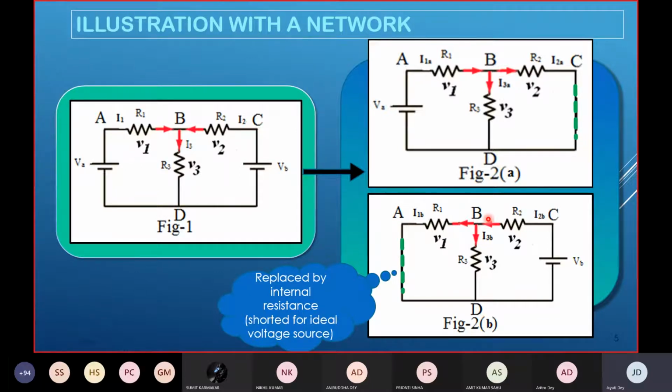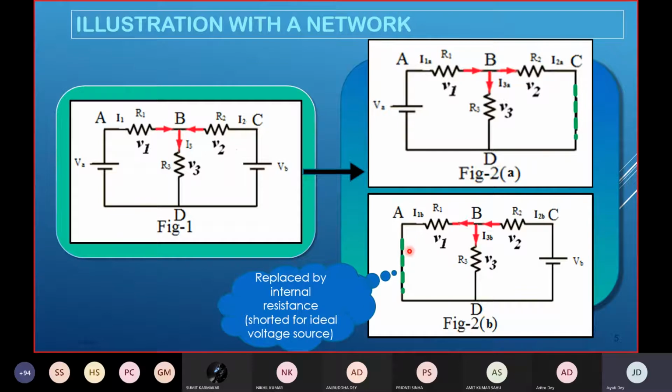According to superposition theorem, if it holds good, then I1 should be equal to or close to I1A plus or minus I1B. Can you tell me which one will be applicable here?